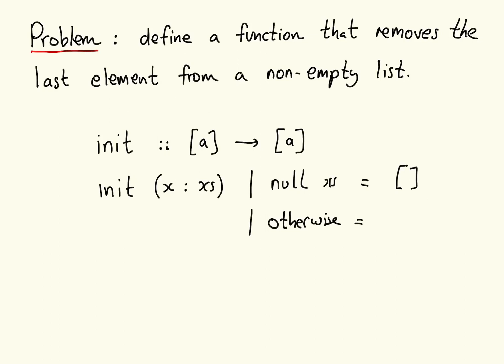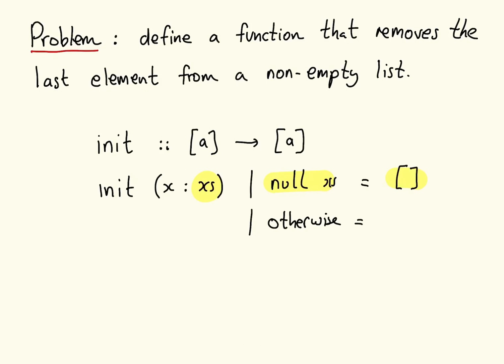So this first equation is just a fancy way of saying in Haskell, if you have a list that's only got one thing in it, x, then you've already found the last element and you just remove it. So again, the key step this time is to observe that the case when this list is empty is actually a simple case.